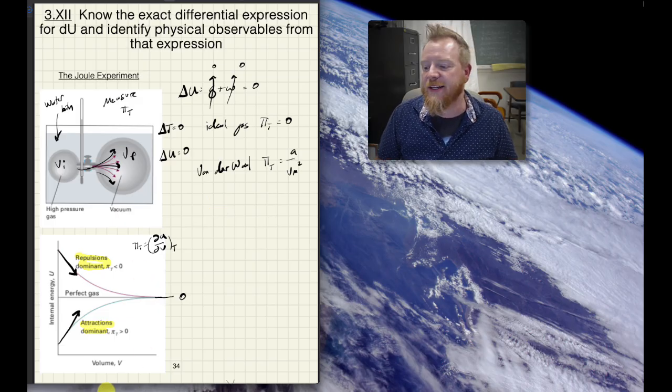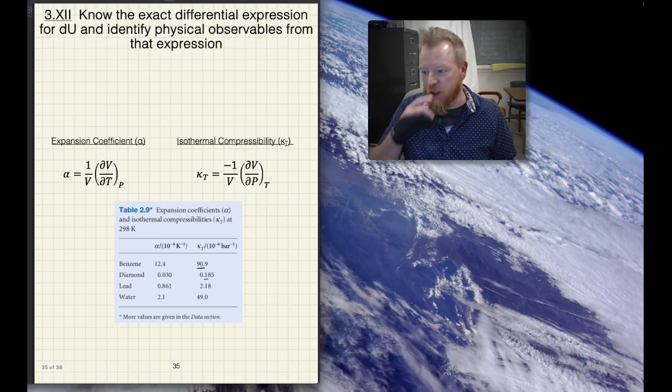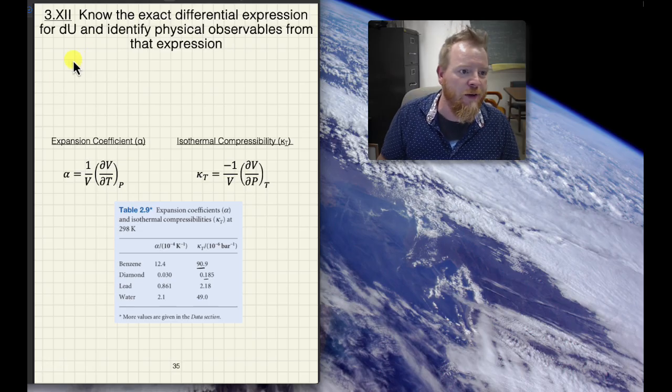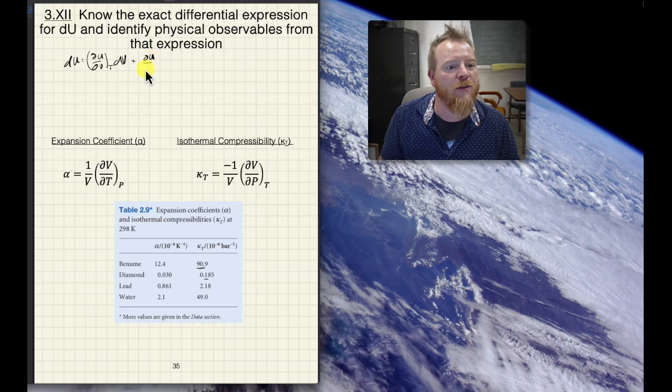So what if we want to consider other systems, other phases, for example? Well, we can now start to go back and play with our differential expression once again. So let's look at that. Partial of u with respect to v at constant t dv plus the partial of u with respect to t at constant v dt.